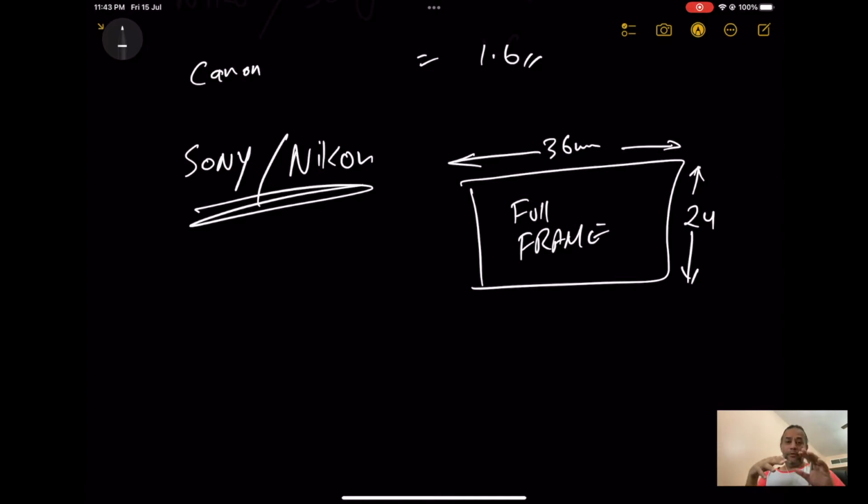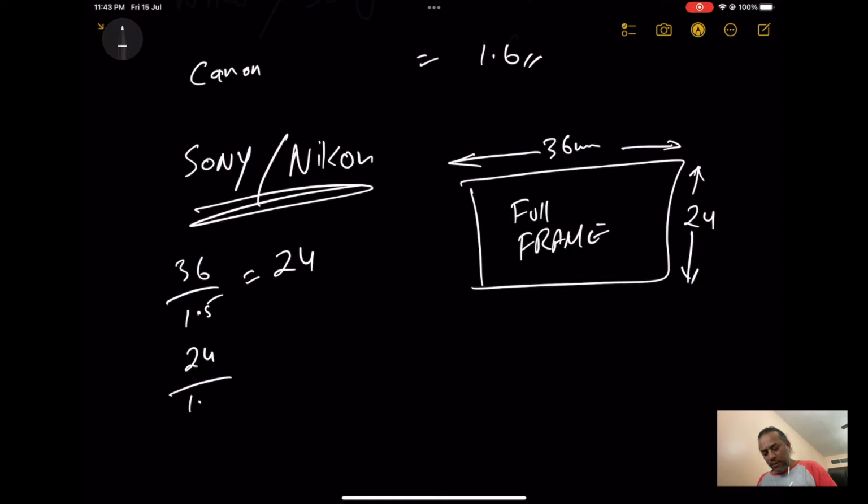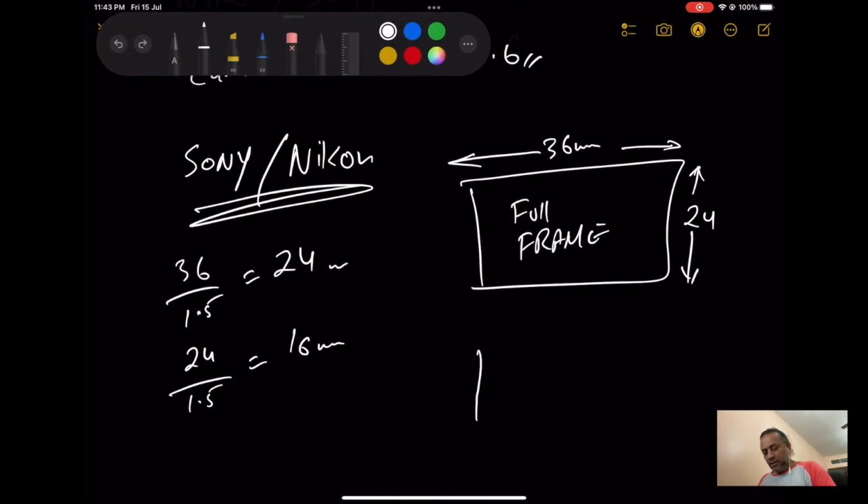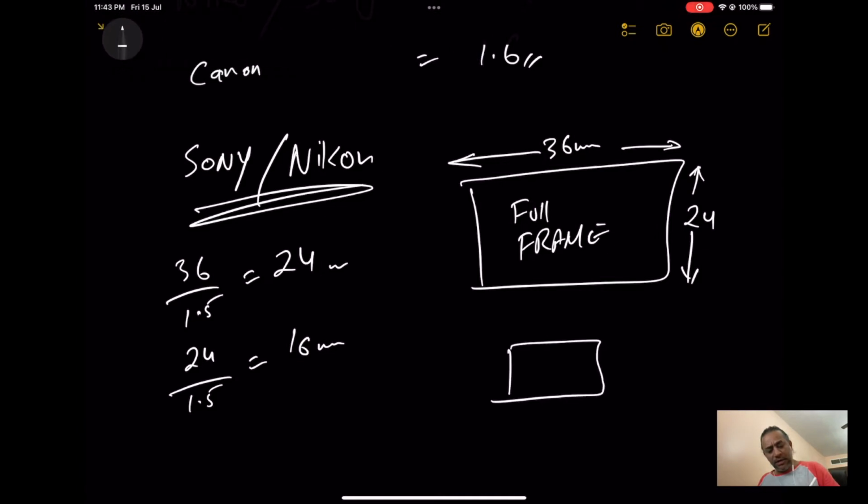Once you scale down with the factor of 1.5, the resultant APS-C sensor is going to be: 36 divided by 1.5 equals 24, and 24 millimeter divided by 1.5 equals 16 millimeter. So the resultant sensor is 26 millimeter by 16 millimeter. So that's the crop sensor.